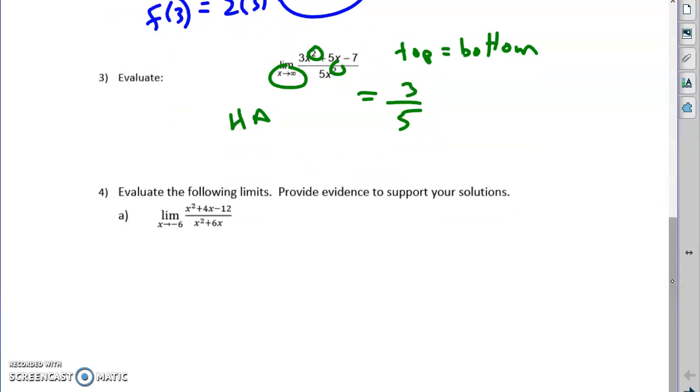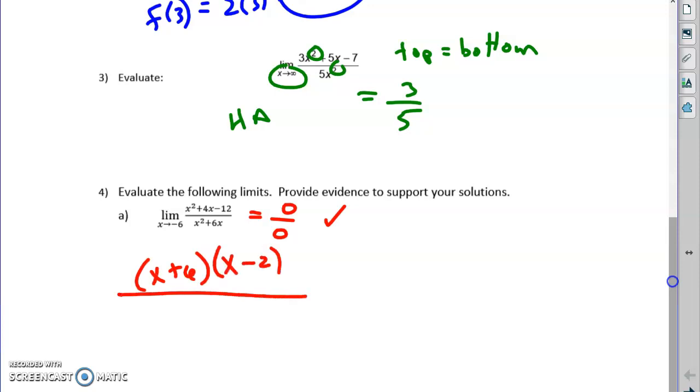All right, another one. We have to find the limit as x approaches -6. When plugged in, 0 over 0. Providing evidence, always substitute first. Factor that top. 6 and 2 is 12, plus 6 and a minus 2. An x minus 2 and an x plus 6. Cancel these out. We can now plug that -6 in.